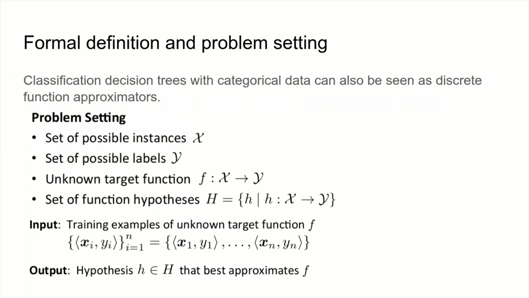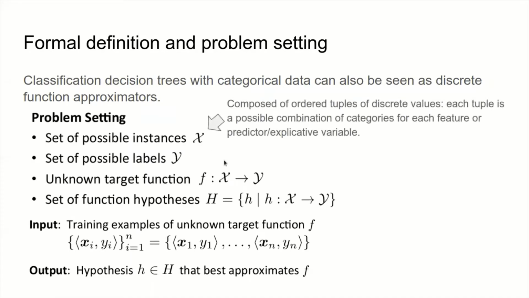So let's just start with a formal definition and the problem setting of classifying categorical data with decision trees. We've got a set of possible instances named X, uppercase, because this is in fact a set. So this set contains all possible ordered tuples of discrete values. This means that each tuple is a possible combination of those values, and every instance part of this set is called a feature.